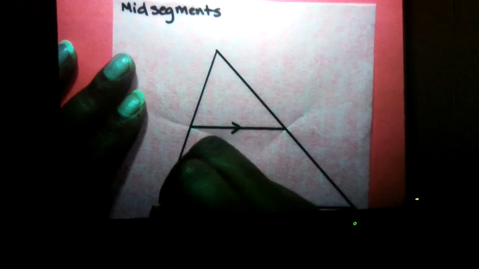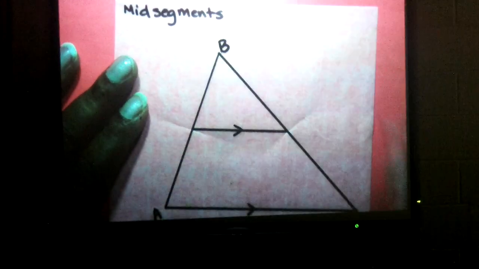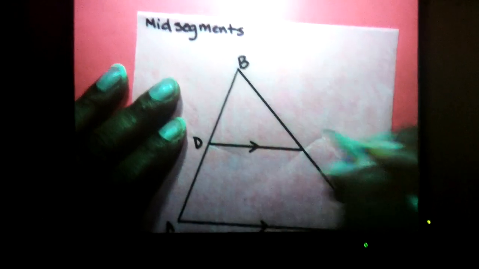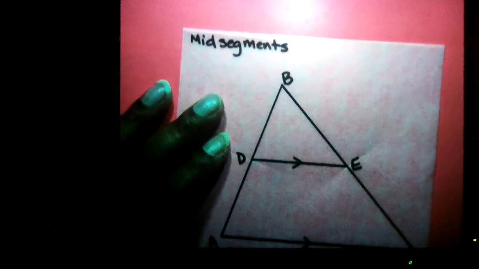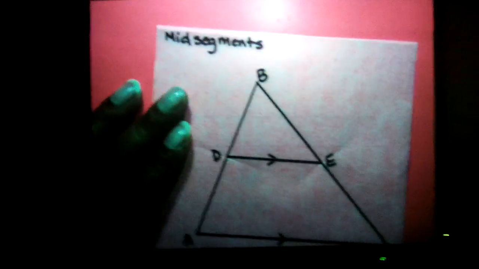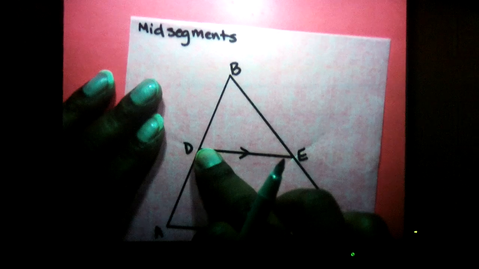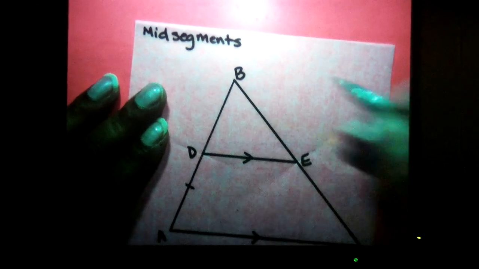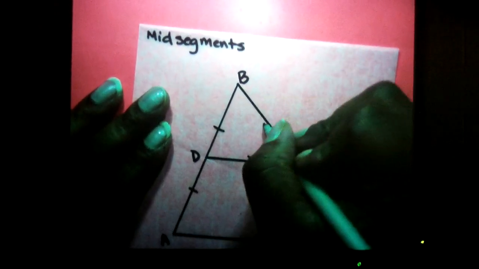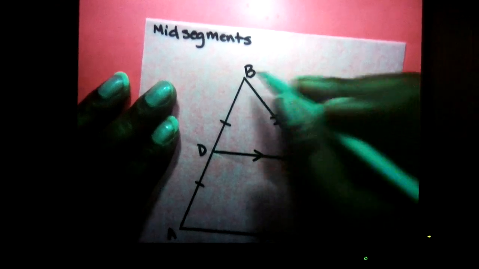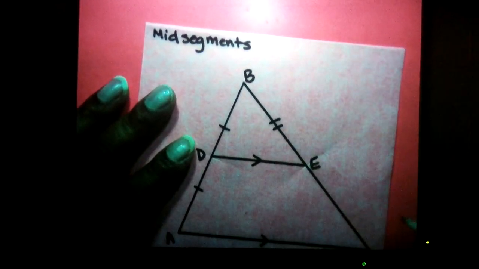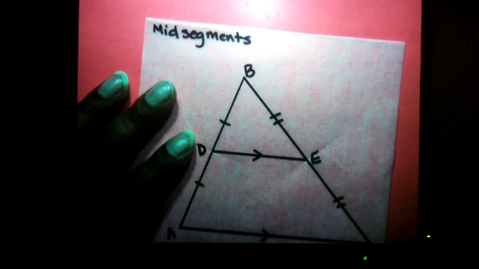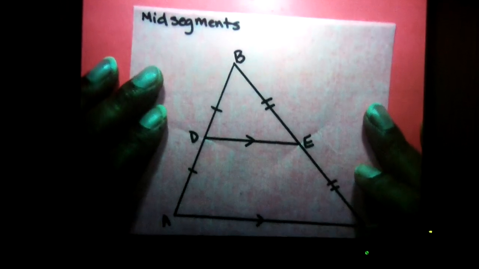I'm going to say this is A, B, C. And we're going to call this mid-segment D, E. Alright, so since we know that D is the midpoint of AB, we can go ahead and put our congruency marks in for each side, and that E is the midpoint of BC. Okay, and then we have that marked off here.